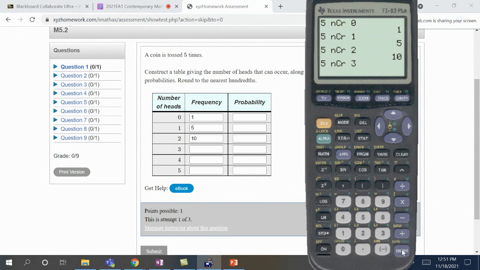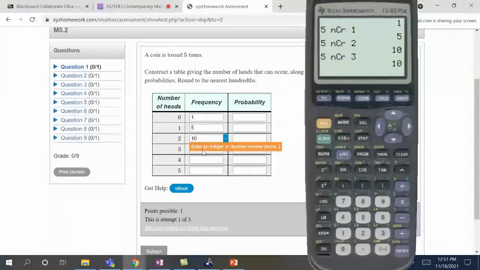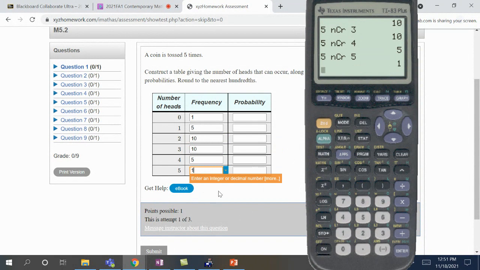We're going to choose 3 heads, so again, that's a total of 10. Here we're going to choose 4 heads, so that should occur 5 times. And lastly, if we want all 5 heads, that should occur once. So I have our frequencies by using combinations.